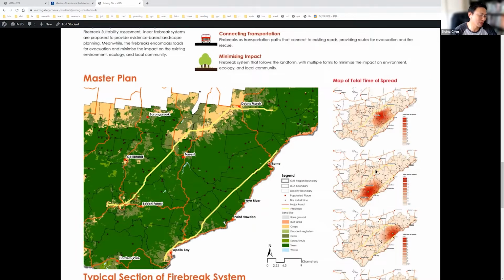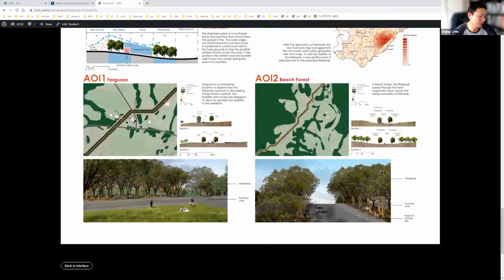So the project starts at the regional scale and looks across a range of scales to a site scale to propose some of the solutions, but all focused on the same topic, the bushfire as a disservice in terms of the studio topic, the planning for eco-services. And there's quite a few very interesting projects.